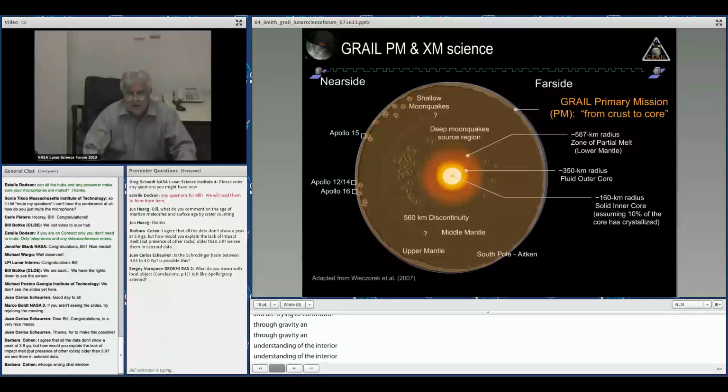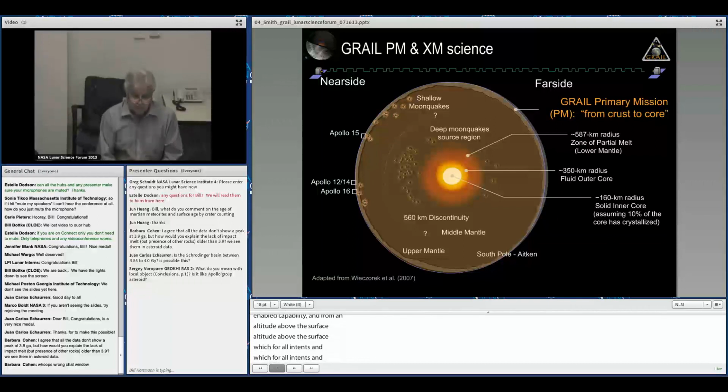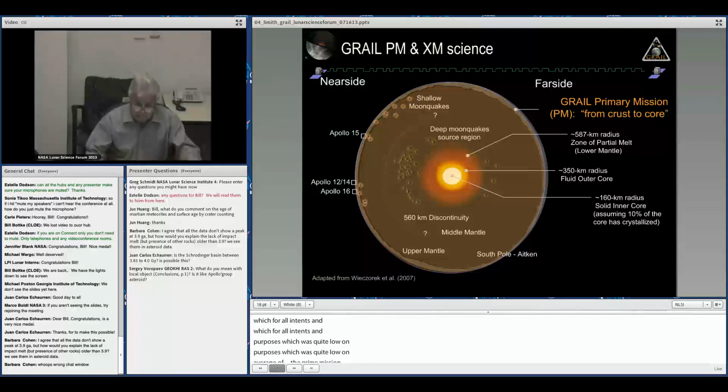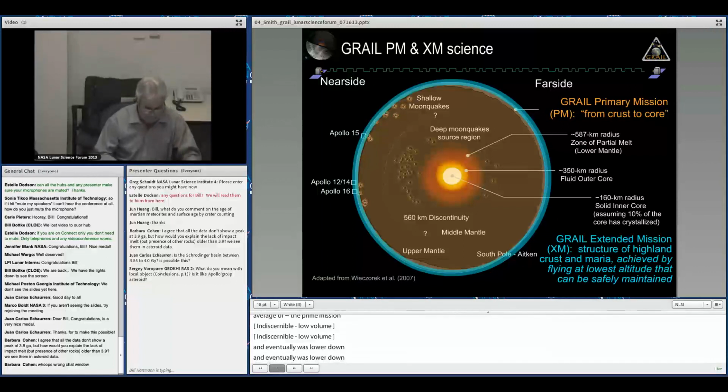This is enabled in essence by this Ka band capability and from an altitude above the surface which to all intents and purposes was quite low, an average of about 50 kilometers to start with. During the prime mission it was lowered to about 23 kilometers, and eventually was lowered down to about 12 kilometers, another factor of 2. And I will come to some aspects of that particular work.